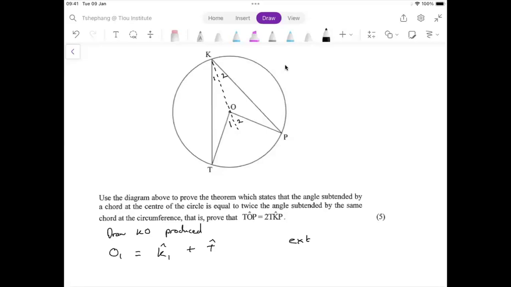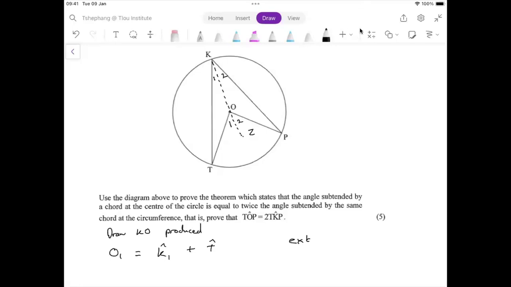Let me say Z, why not? So join KO to produce KZ. That's fine if that's what you mean. It means that you have this at the letter Z. Okay, I think they're covered now.